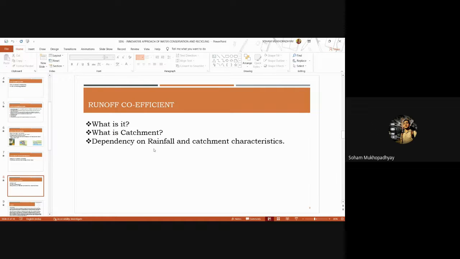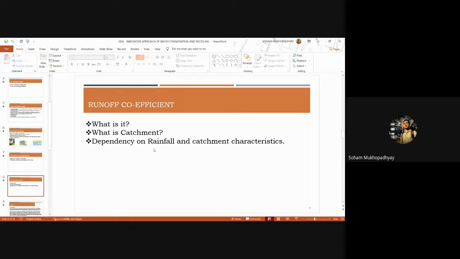Runoff coefficient is now the ratio of runoff to rainfall for a given catchment, and depends on rainfall and the catchment characteristics. Various studies have been conducted by the Central Arid Zone Research Institute, so-called CAZRI, and others to estimate the runoff percentage.